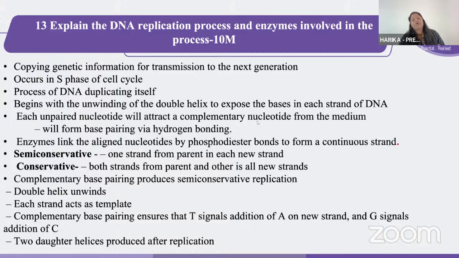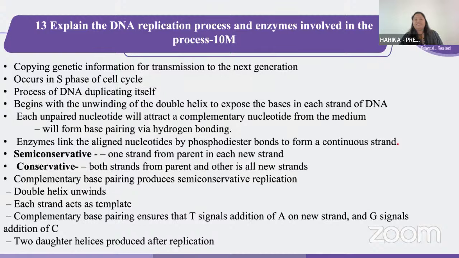So how does this process start? We say our DNA is a double helix, right? It begins with unwinding the DNA helix, and each pair of nucleotides has base pairs held by hydrogen bonds. So now our DNA will become split.